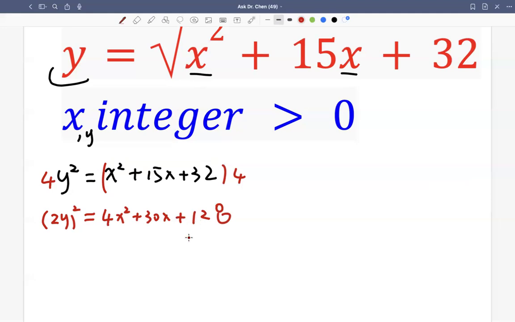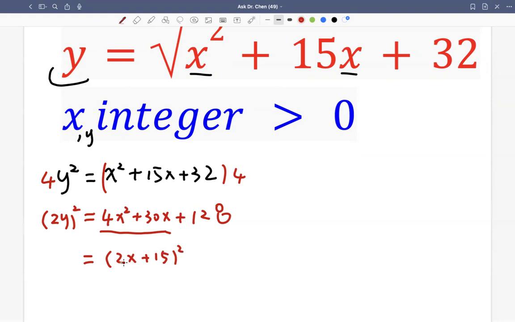Right, so 4x squared, let's try to make these terms work to make a perfect square. 30 divided by 2, 15. So we want to make (2x plus 15) squared.